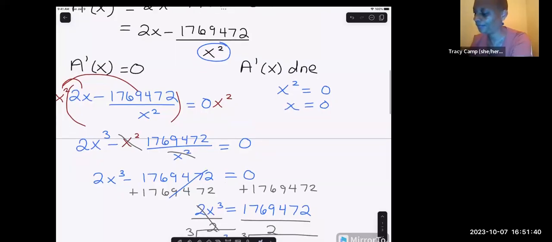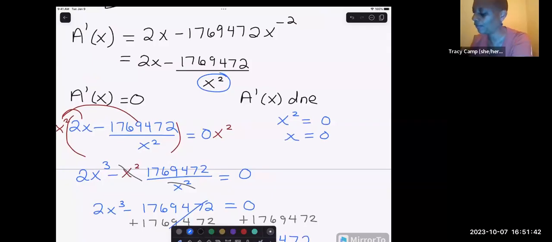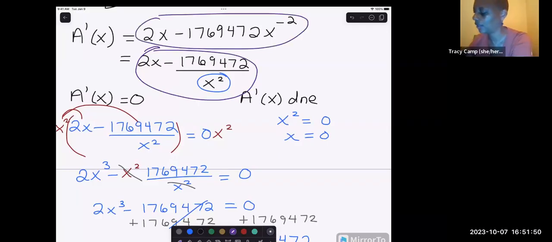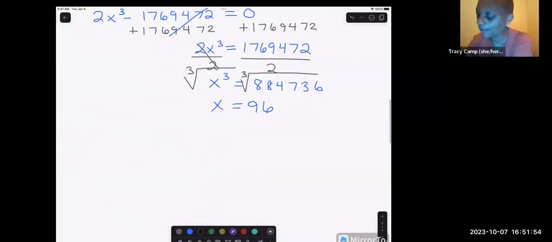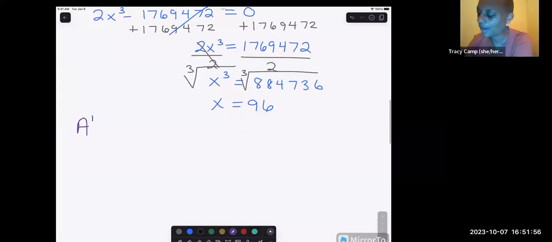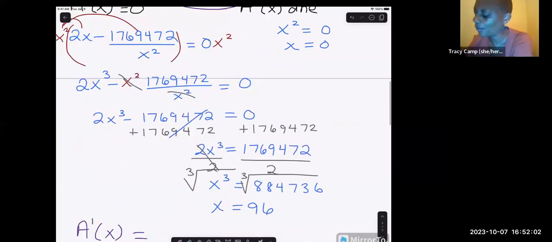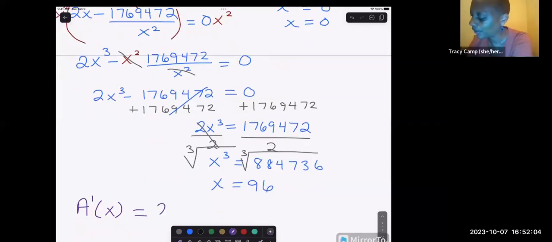So our first derivative was this right here. Or actually, I'm going to use this form right here because it's easier to find the second derivative in that form. So previously we had a prime of x is 2x minus that horrid number. Goodness.